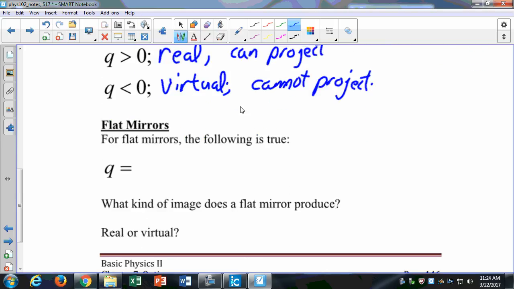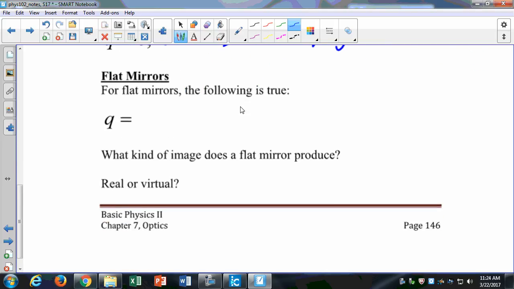Now for flat mirrors, the following is true. That q is equal to negative p. Well, you know if you look in a flat mirror, it looks like your image is exactly the distance behind the mirror as you are from the mirror, right? Okay, so q is equal to negative p.